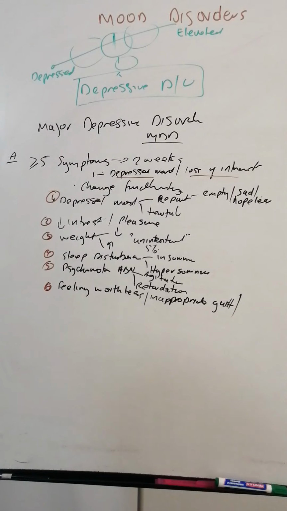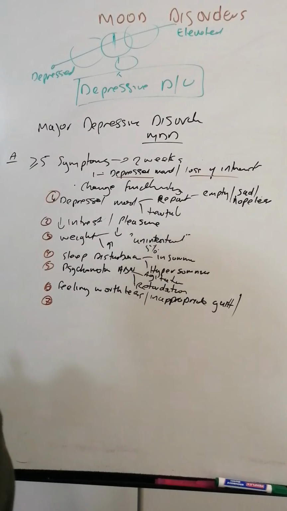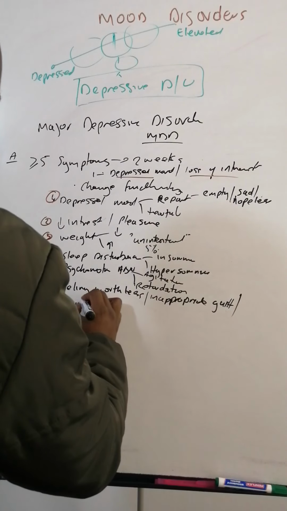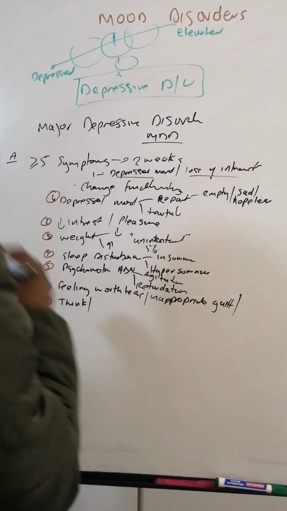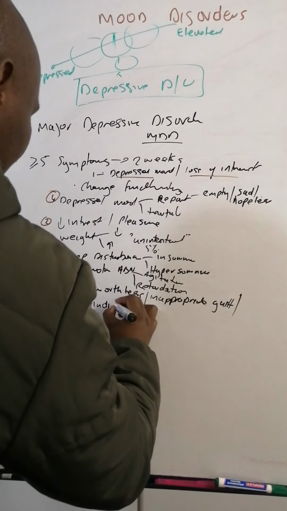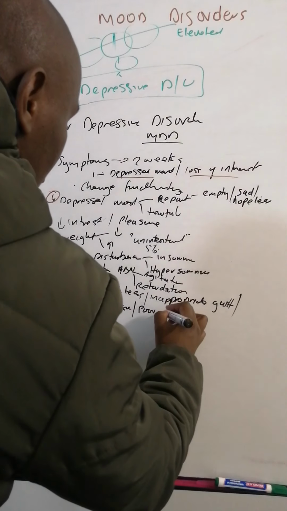Another thing they will also start to have is this is where they become not functional, because the state they are in affects the way they think. They become slow in thinking, they become very indecisive, they've got poor concentration.